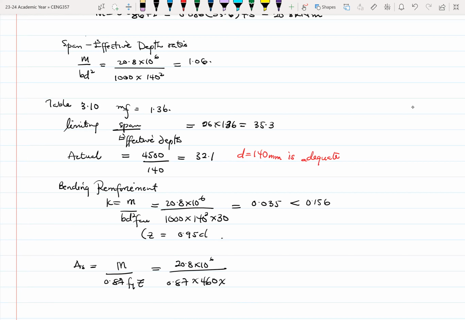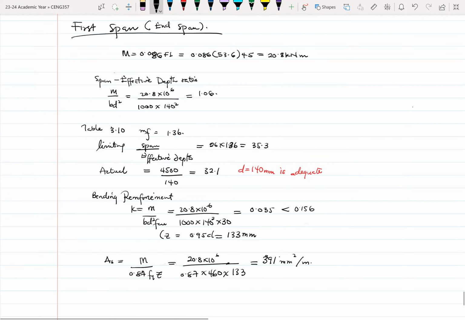Let me put this answer over here. 0.95 d will be 133 millimeters, so times 133 here, and this should give us 391 millimeter squared per meter. You see me writing this a lot because we're looking at per meter width of the slab.